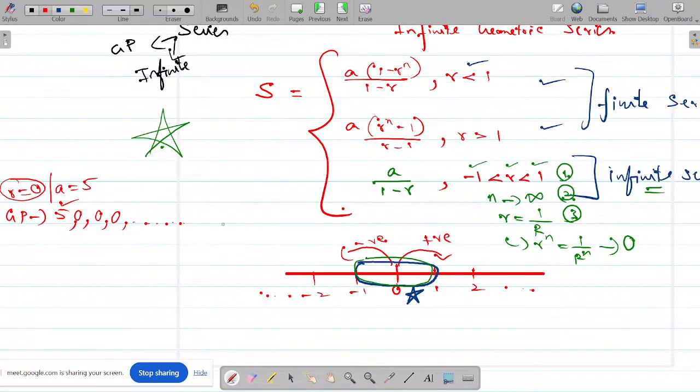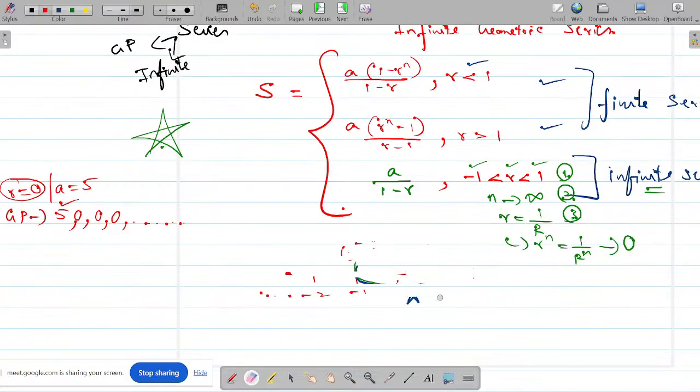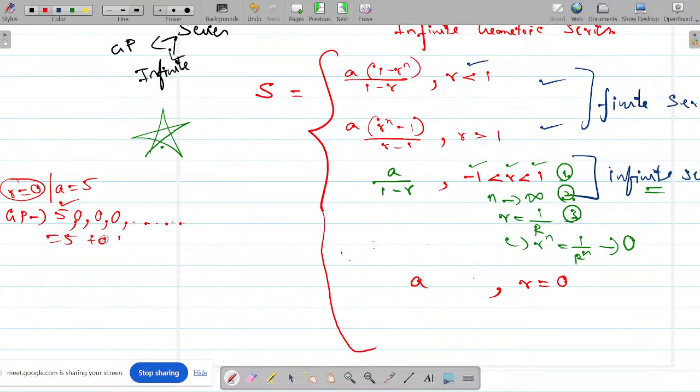What would be S? By definition, sum of the terms. What is the value of S here? a itself. So you can extend this formula. When r is equal to 0, what is S? You add 5 plus 0 plus 0. Last term also will be 0 only. So you get 5 only.